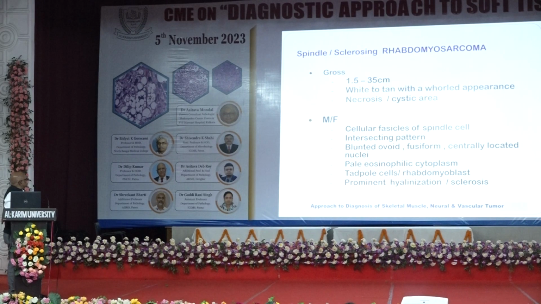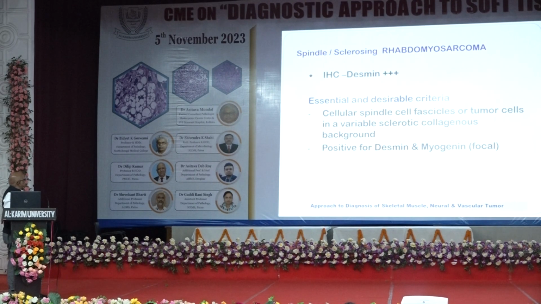That's why it is called sclerosing rhabdomyosarcoma. Desmin is markedly positive, and the essential and desirable criteria of sclerosing rhabdomyosarcoma is cellular spindle cell fascicles in a variable sclerotic background with desmin and myogenin positivity.